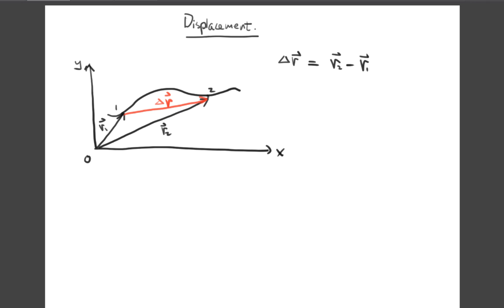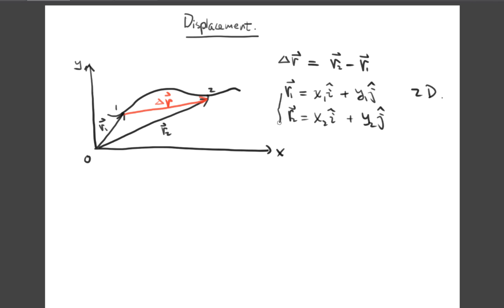And we can also calculate the displacement using components. Suppose we know r1 equals x1 i hat plus y1 j hat. Suppose we're studying this motion in 2D. So r2 vector equals x2 i hat plus y2 j hat.